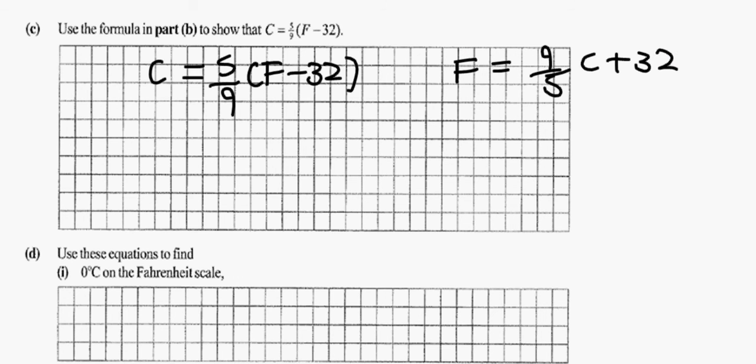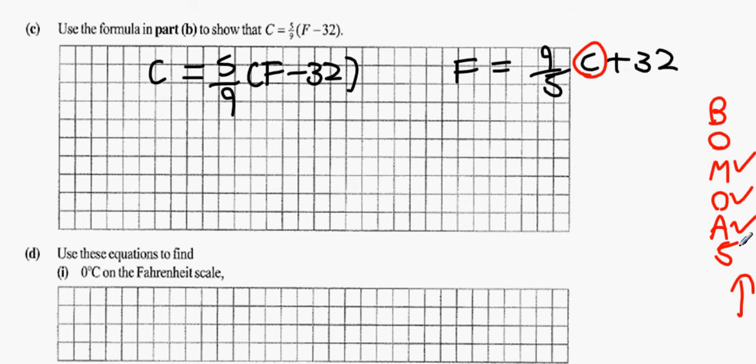We want to get C on its own. When getting a letter on its own, we have to write down what's actually happening to the letter C. It's being multiplied and divided, and after that, addition occurs. So when we're getting a letter on its own, we tend to go backwards. Get rid of the 32 first.